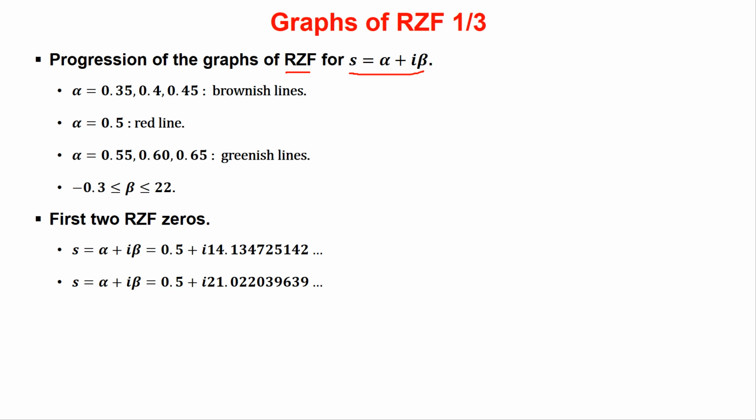We showed graphs for 3 alphas whose value is less than 1/2 as brownish lines, and alpha of 1/2 is a red line, and for alpha greater than 1/2 it is greenish lines. The range of beta is shown here, and you can clearly see the first two zeros of the Riemann zeta function with these two values.